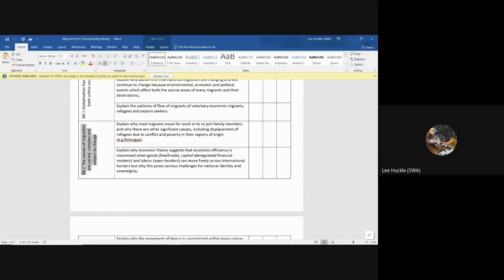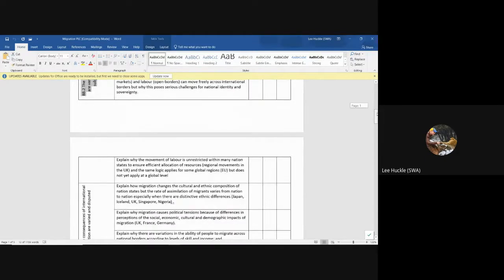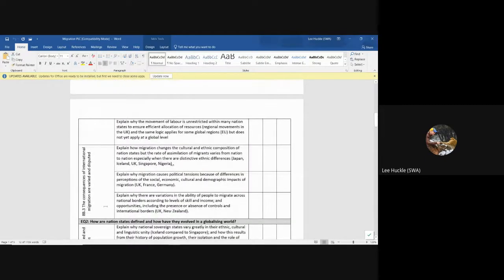Delving into push factors of migration, pull factors of migration. The EQ1 then progressed on to the final part, which is the consequences of international migration that are varied and disputed. So they are the 3 big elements of EQ1.